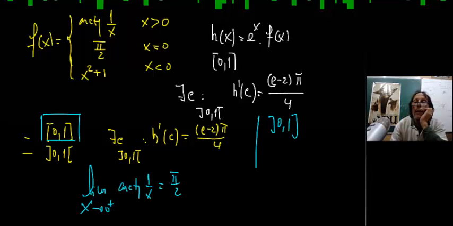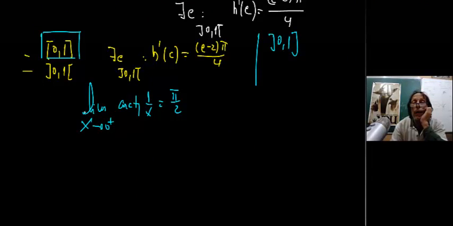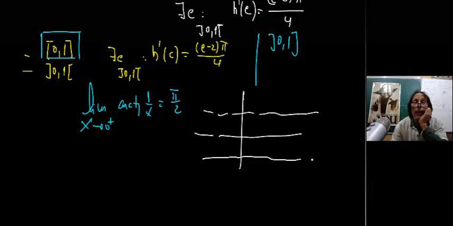Okay, but if I take this limit when x goes to 0 plus, the arctangent of 1 over x goes to plus infinity. One thing I know is the graph of the arctangent, and it is not difficult to make.